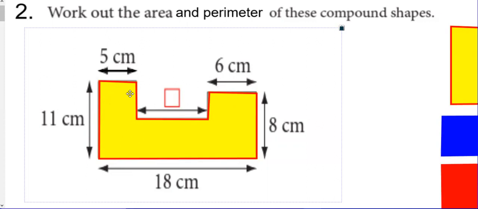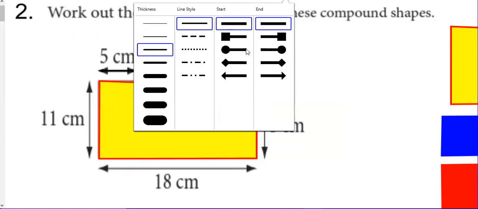The reason being, it contains other smaller shapes, which according to this diagram, are small rectangles. Now, how do we get to know these rectangles? We get to know those rectangles after we divide the compound shape. Now, how do we divide the compound shape?